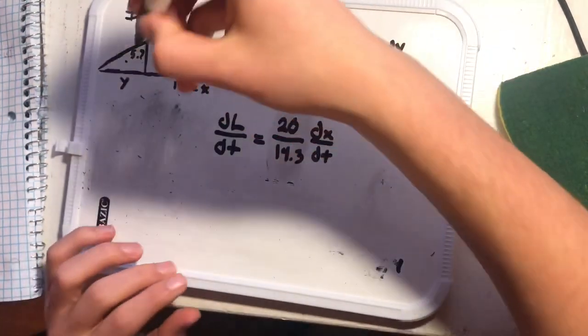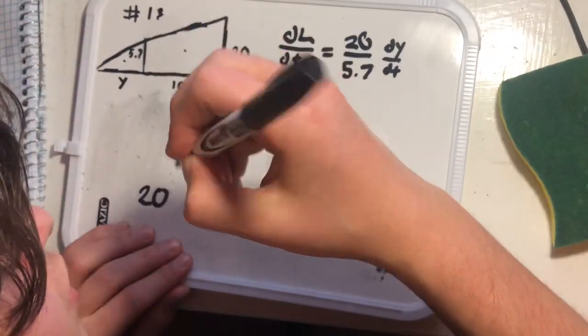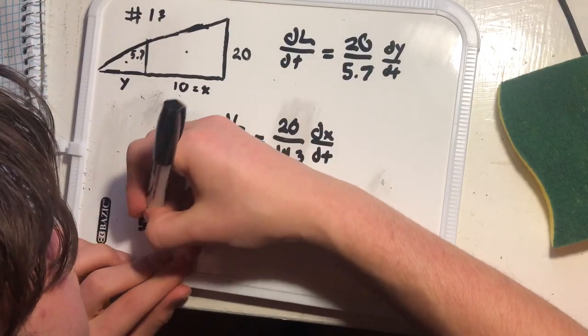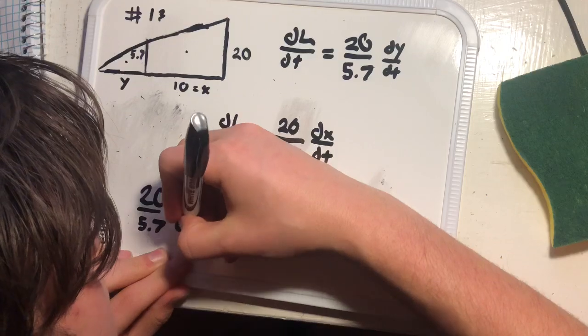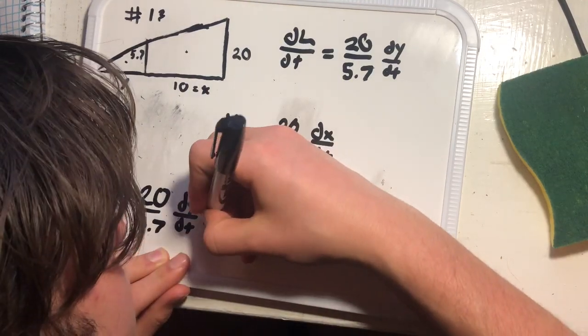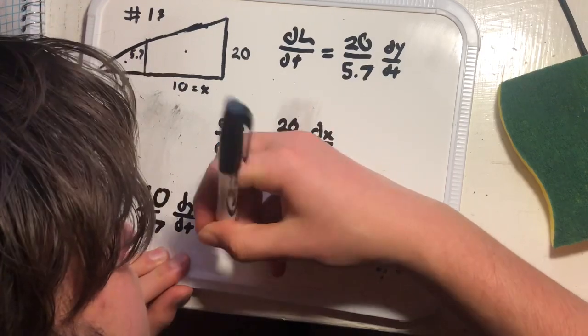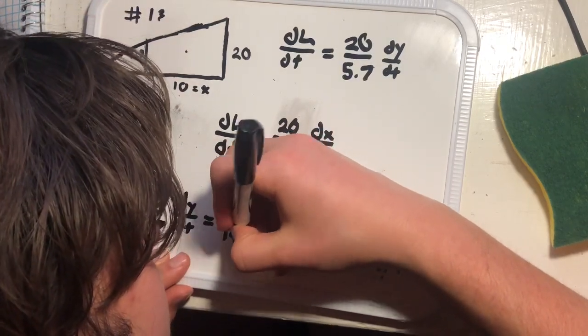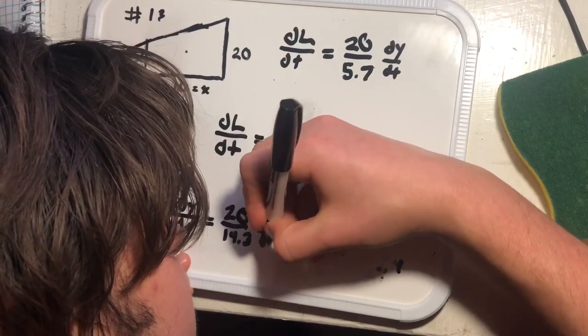I'm going to set these equal to each other: 20 over 5.7 dy/dt is equal to 20 over 14.3 dx/dt.